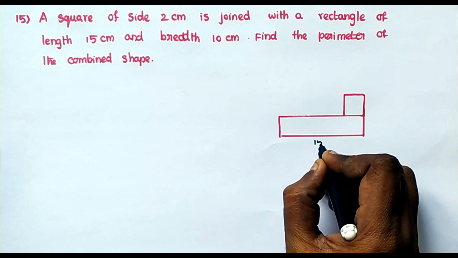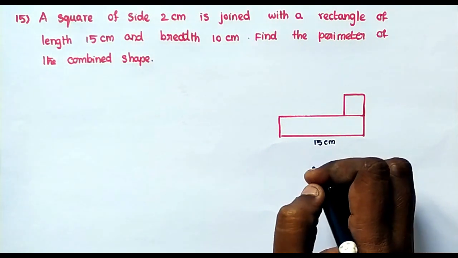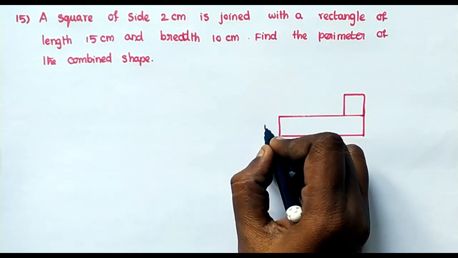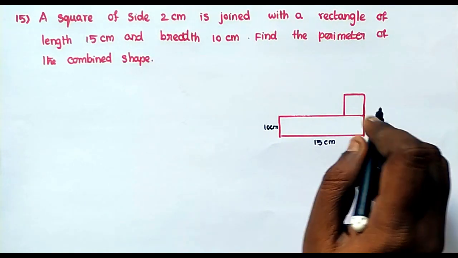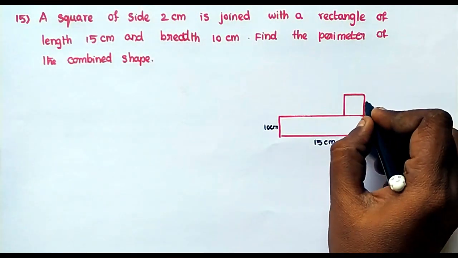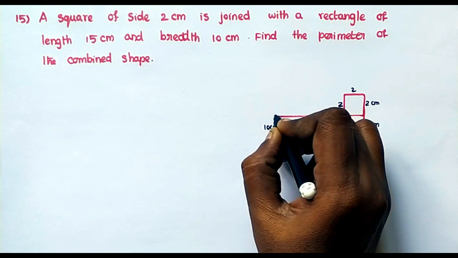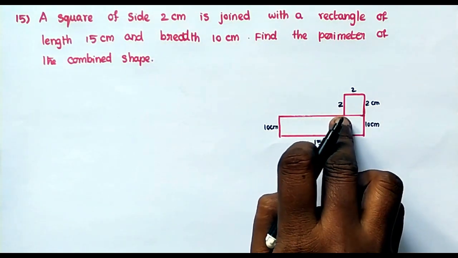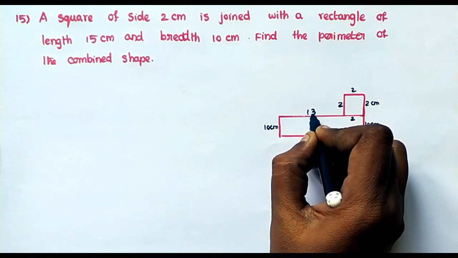Length 15 cm and breadth 10 cm. Square of side 2 cm. 2 means here 15 minus 2, that is 13.